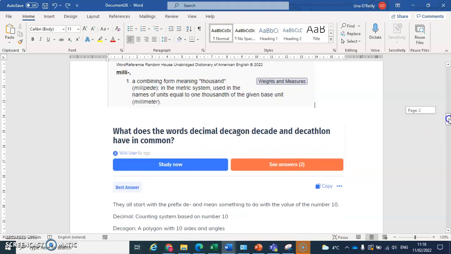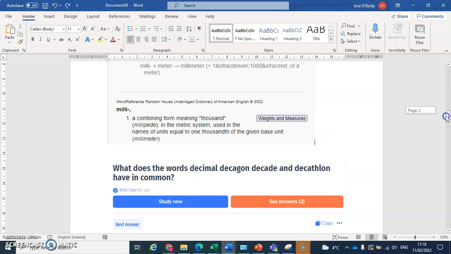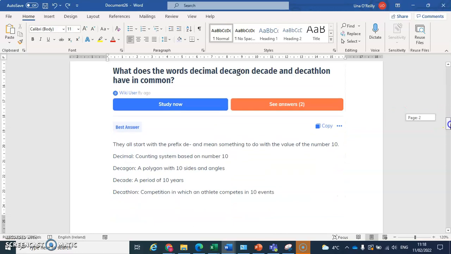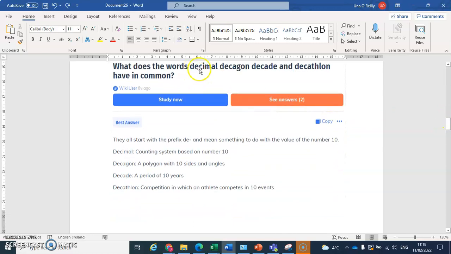I'll put a little table together that we'll review next week that will prompt you to say, if I see kilo, that means 1,000. If I see milli, that means 1,000th. If I see DEC, what do the words decimal, decagon, decade, and decathlon have in common?